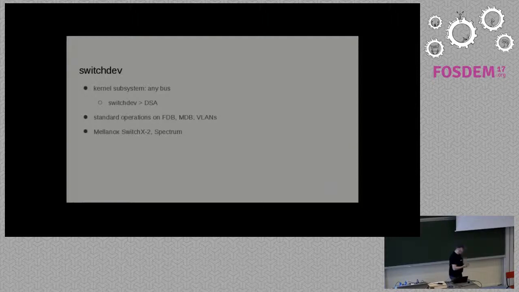And the big news, and this happened last year, is that it was a while after switchdev got merged before anything but DSA was supported. But at some point last year, Mellanox, a vendor of very high-end switch chips, submitted drivers for their Switch X2 and then their Spectrum switch chips.